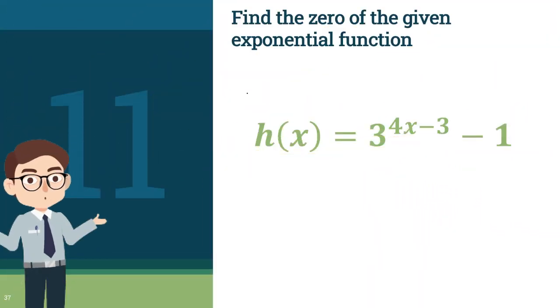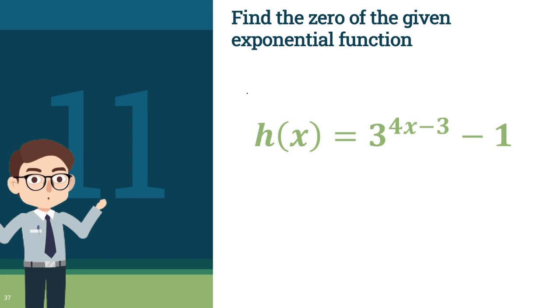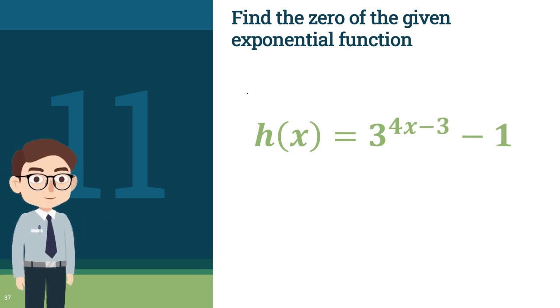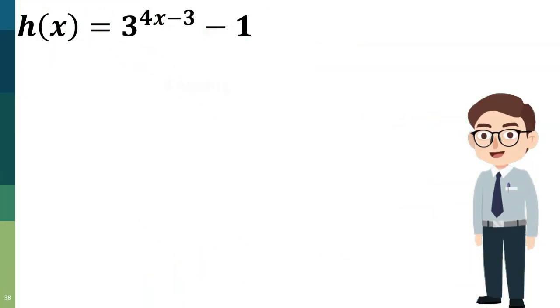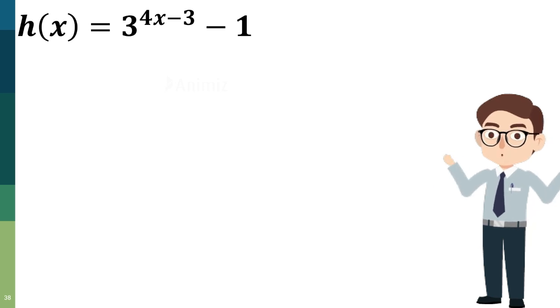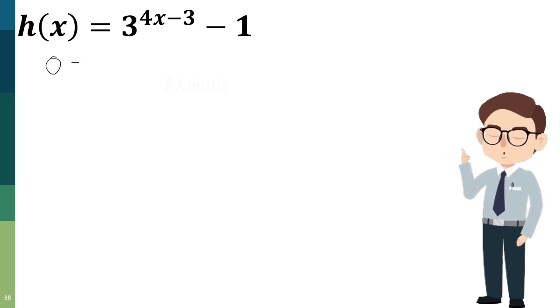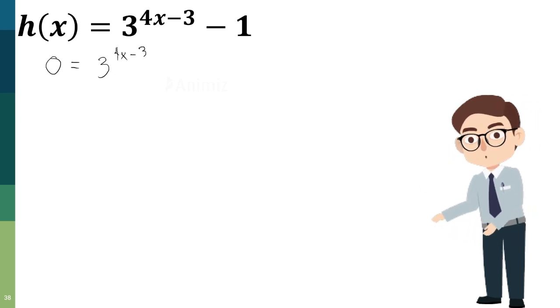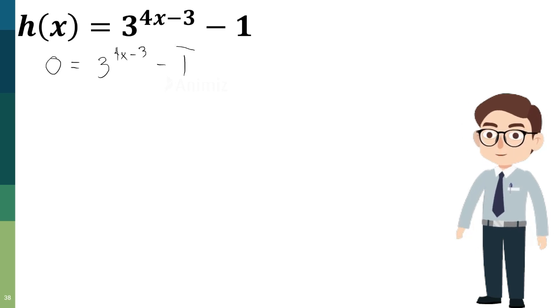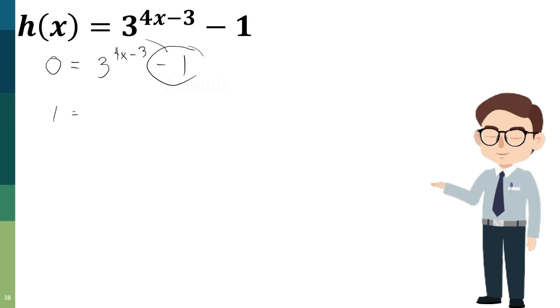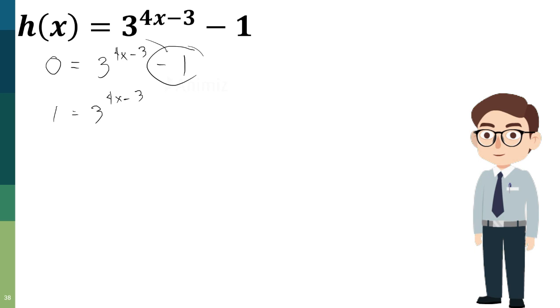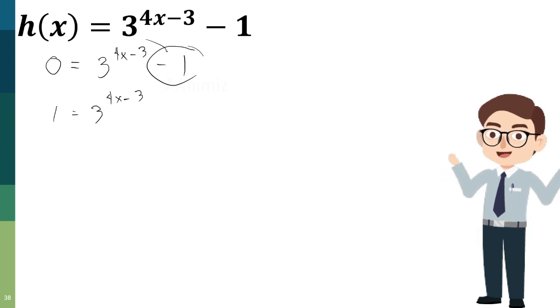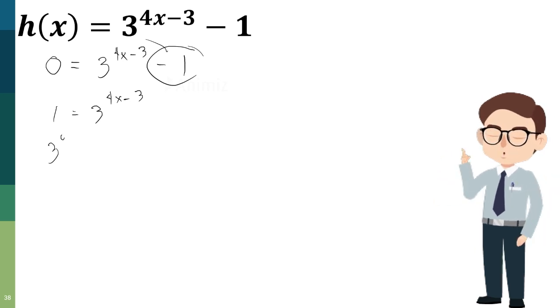And that is our final answer. Another, find the zero of the given exponential function h of x is equal to 3 raised to 4x minus 3, minus 1. We will equate that to 0, that is 0 is equal to 3 raised to 4x minus 3, minus 1. We transfer negative 1 to the other side, that is 1 is equal to 3 raised to 4x minus 3. We will make 1 equal to 3 raised to 0.